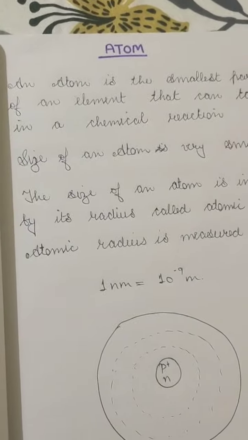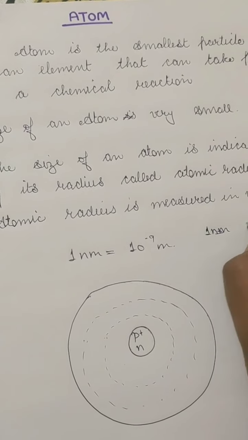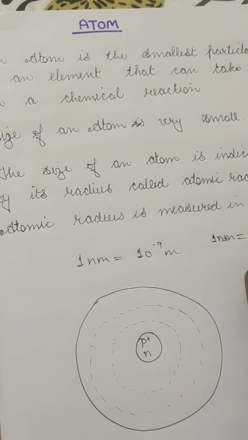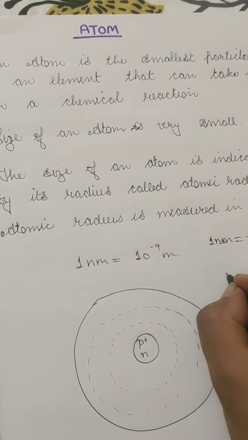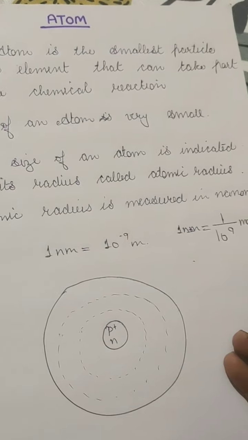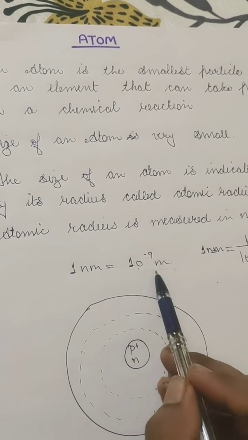So 1 nanometer equals 10 to the power minus 9 meter. It's a very small unit.